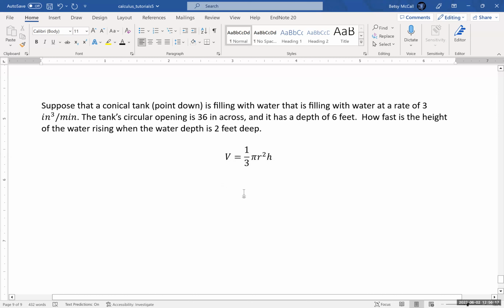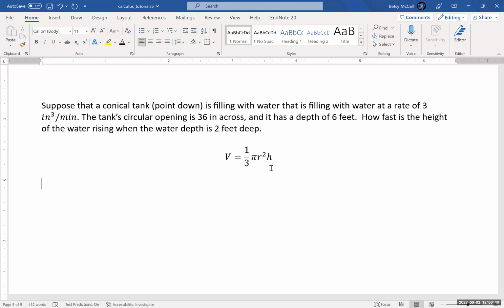and that's fine. We can do that with a cone. But that's going to be necessary because we're only given the height of the water at the time that we're interested in. This relationship will help us in a couple of ways.